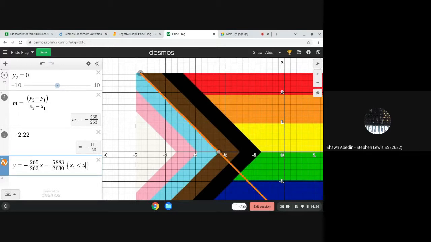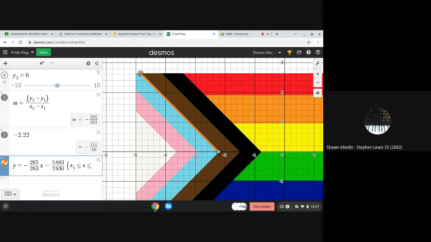And that is less than or equal to my x2 value. Essentially, what I'm saying is this. I want Desmos to show the x values between my 2 points, okay? And not just the x values, but those points on the line. So the x and y values there. And that's how you do this part of the task.